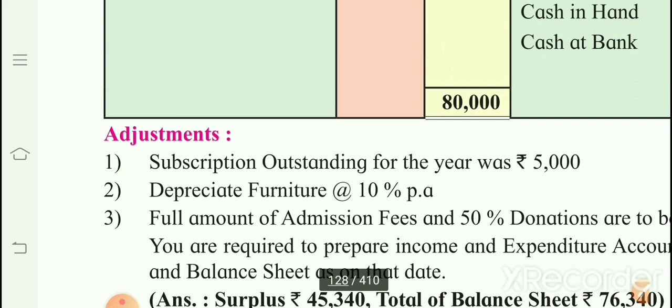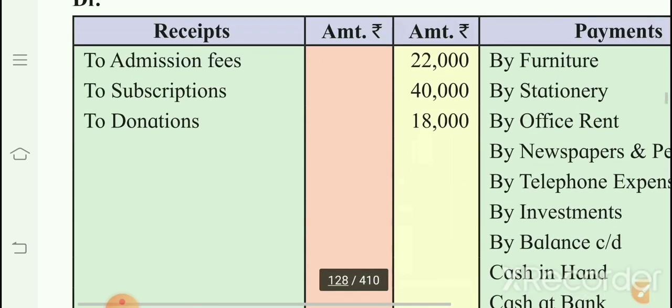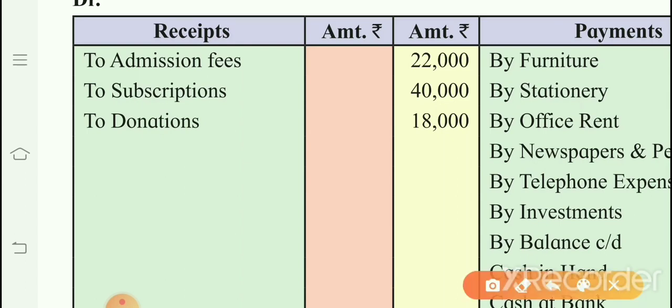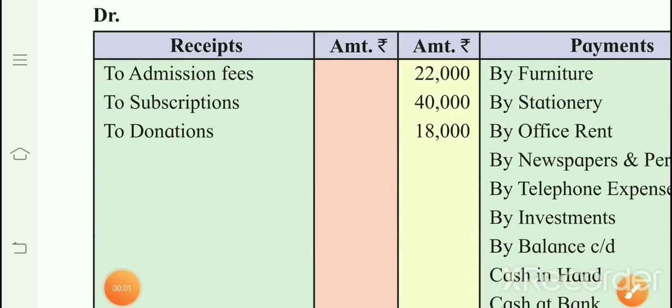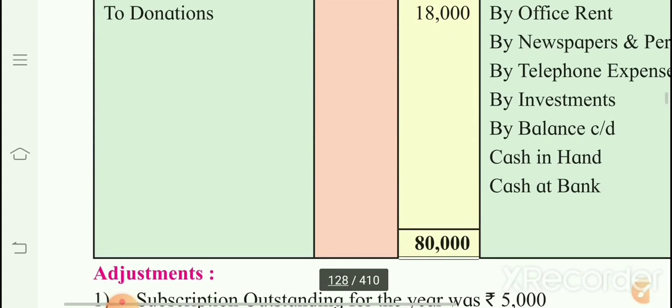So current year subscription is outstanding, that's why we will add this 5,000 to subscription, that is 40,000 plus 5,000. Total amount of subscription will appear on outer column will be 45,000. Remember that it is the current year subscription, that's why we are adding it to income and expenditure account. Second effect will be given to asset side as outstanding subscription rupees 5,000.